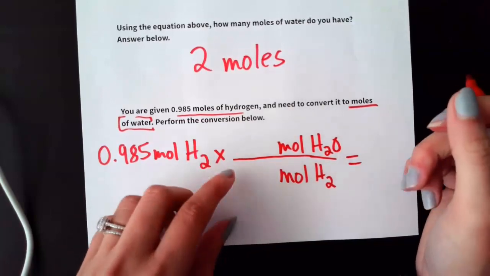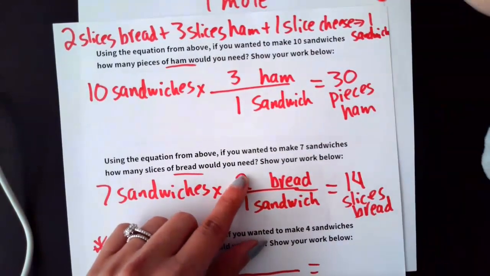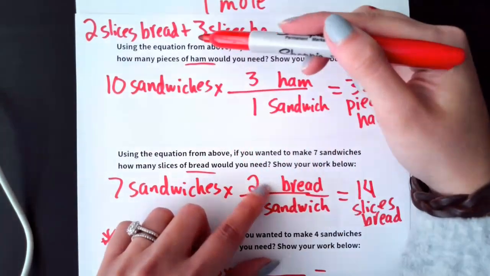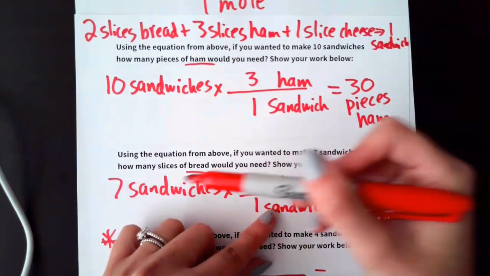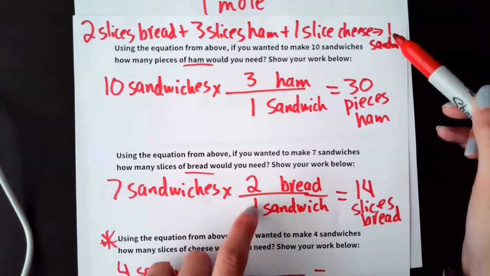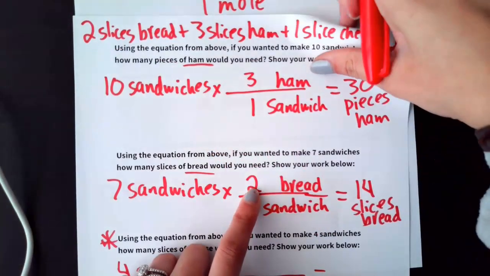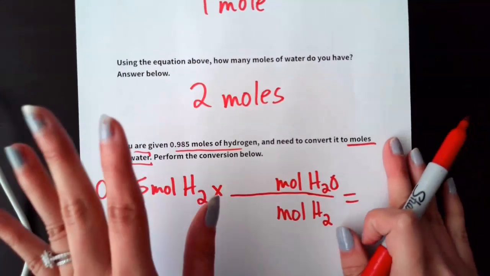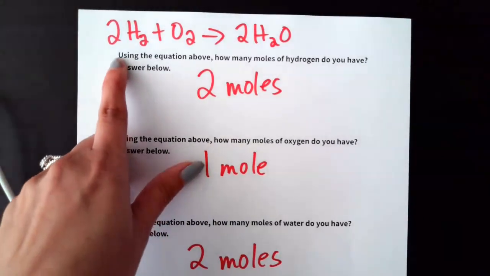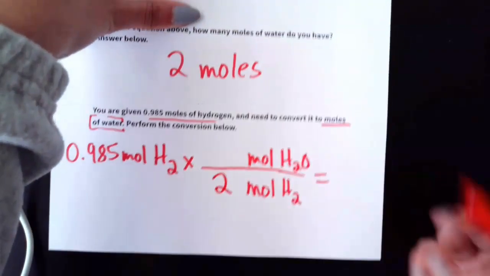Now, just like we did here, whenever we were doing our sandwich up here, okay, we used these coefficients whenever we were converting, right? So here we started with 7 sandwiches, 1 sandwich, so that was that coefficient, 2 slices of bread, 2 came from here. And what do you know? We're going to do the exact same thing whenever we're talking about our actual chemical equation. So up here we see that the coefficient for H2 is 2. Put a 2 right there.